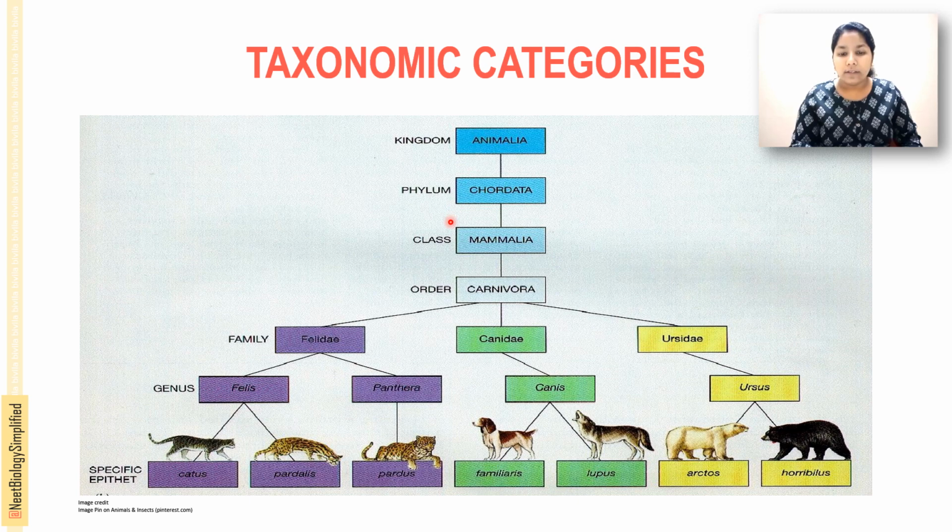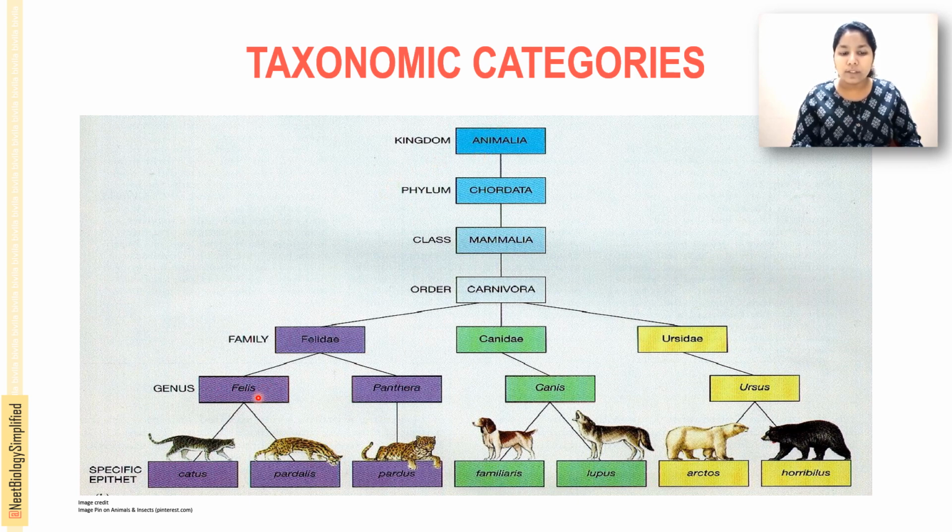And all these are animal phylums. All of these are grouped into the kingdom Animalia. That is how the taxonomic categories or classification of organisms is based on their characteristics. And we already learned that from the species level to the kingdom level, the morphological characters go on decreasing, that is, become general.